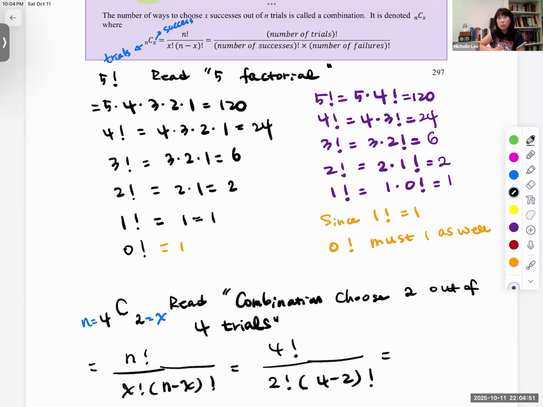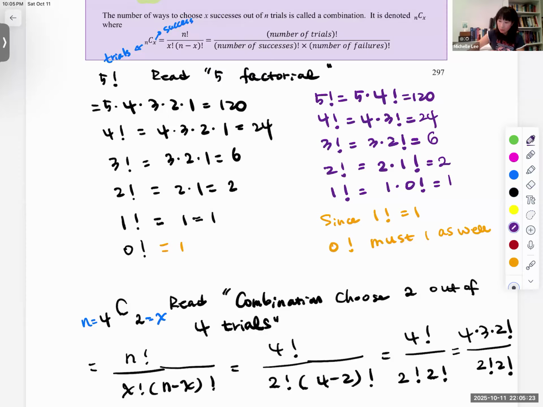Let's calculate 4 factorial over 2 factorial times (4 minus 2) factorial. We can simplify inside the parentheses, which is 2 factorial. Now we can say that this is 4 times 3 times 2 factorial, over 2 factorial, 2 factorial.